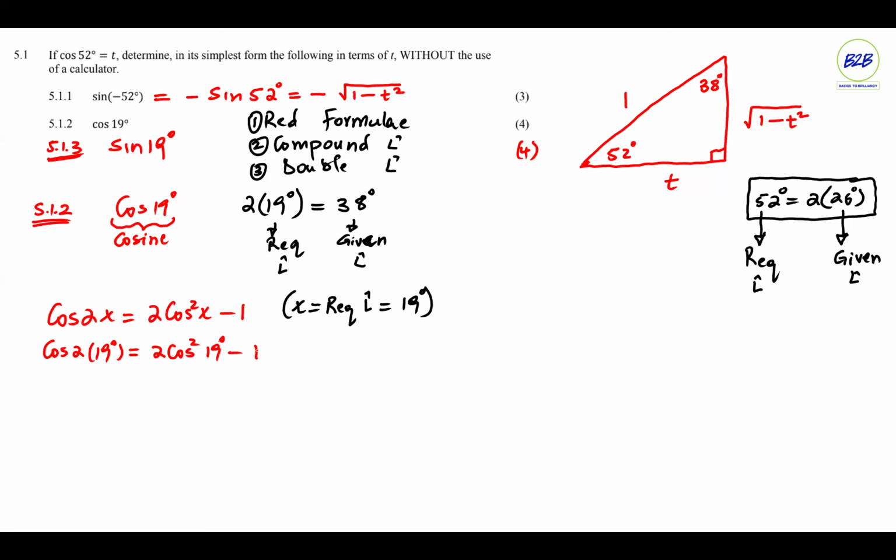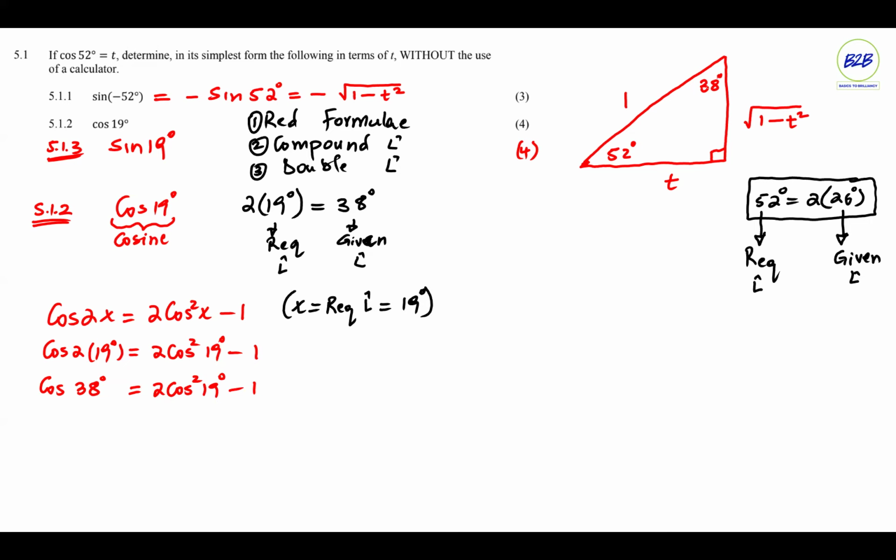And then from here, we say, okay, cos 2 times 19, that will be 38 degrees, which is equal to 2 cos squared 19 degrees minus 1. And then we know what cos 38 degrees is. Why?